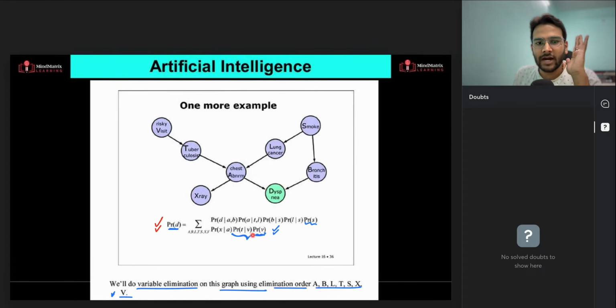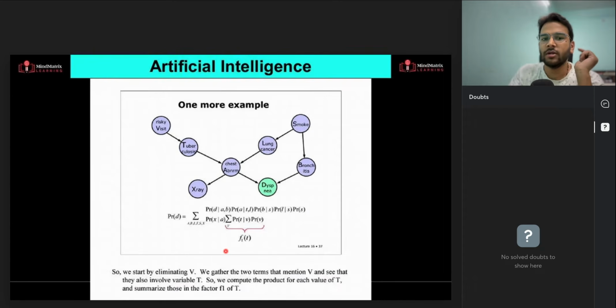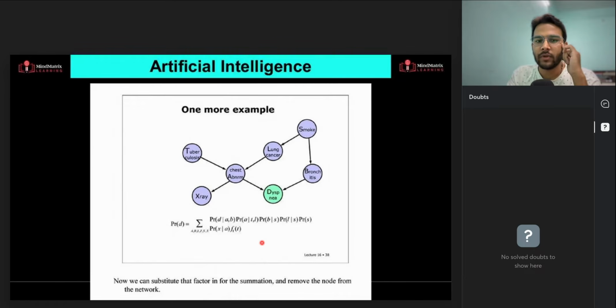So I can start from here: summation over V, probability of T given V, probability of V. And I can write it as f1 of T. So can I say the variable V you have eliminated completely once you place this f1 of T here? Yes or no? The same thing we are following. Okay, so this is what we have now.